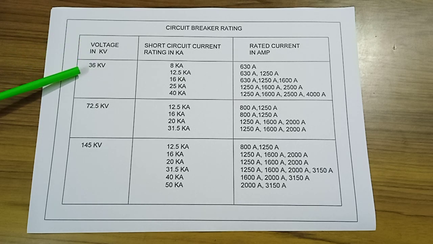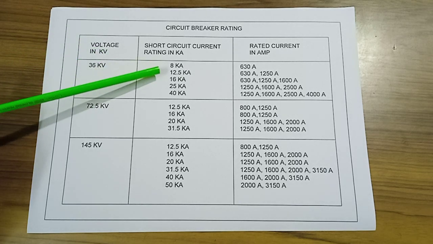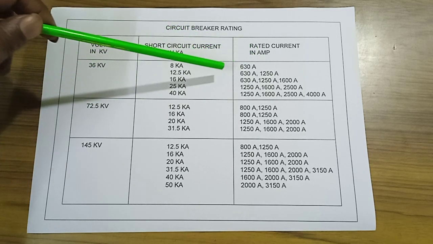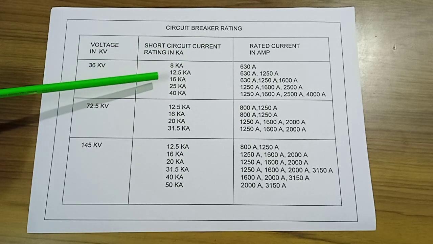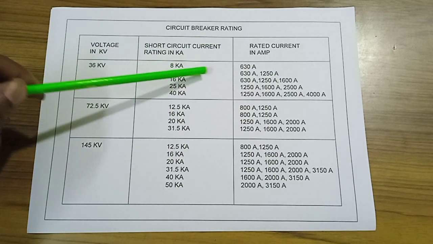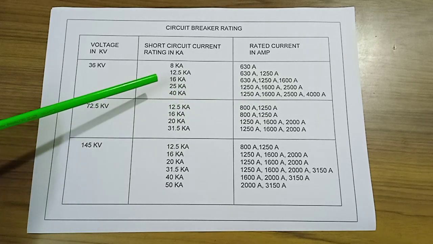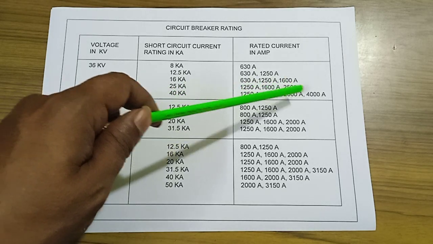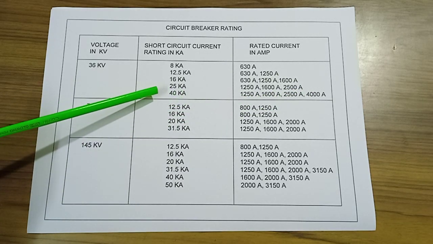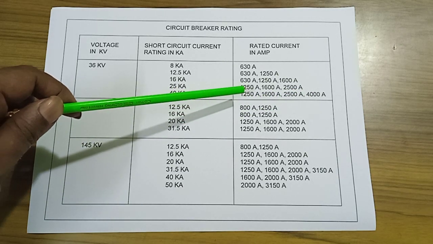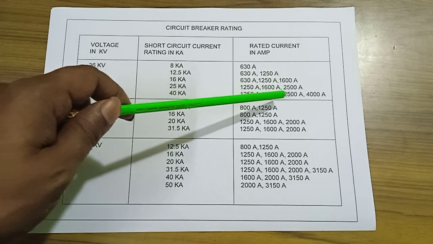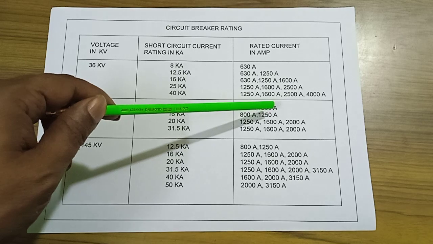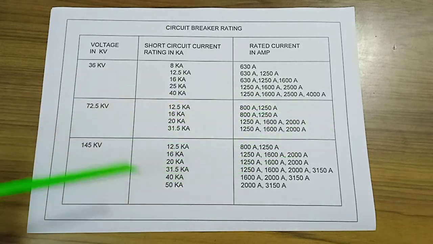Here is 36 kV. Short circuit rating in kiloampere, rated current in ampere: 8K, 630 ampere; 12.5 kiloampere, 630 ampere, 1250 ampere; 16 kiloampere, 630 ampere to 1250 and 1600 ampere; 25K, 1250 ampere, 1600 ampere, 2500 ampere; 40K, 1250 ampere, 1600, 2500 and 4000 ampere.